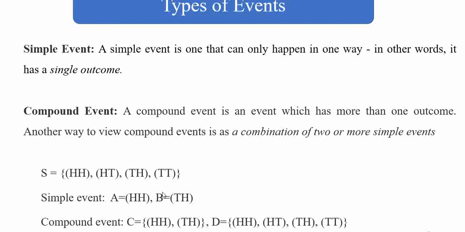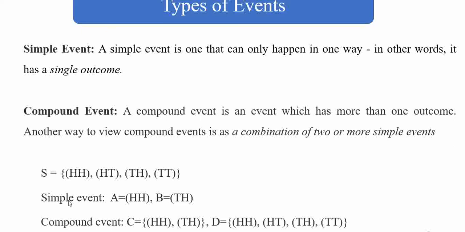A simple event in this case is when we take only a single outcome in an event. Let's suppose A is equal to HH. These are the outcomes, if you don't know from the previous lecture. The first outcome is HH, the second outcome is HT, the third outcome is TH, and the fourth outcome is TT.